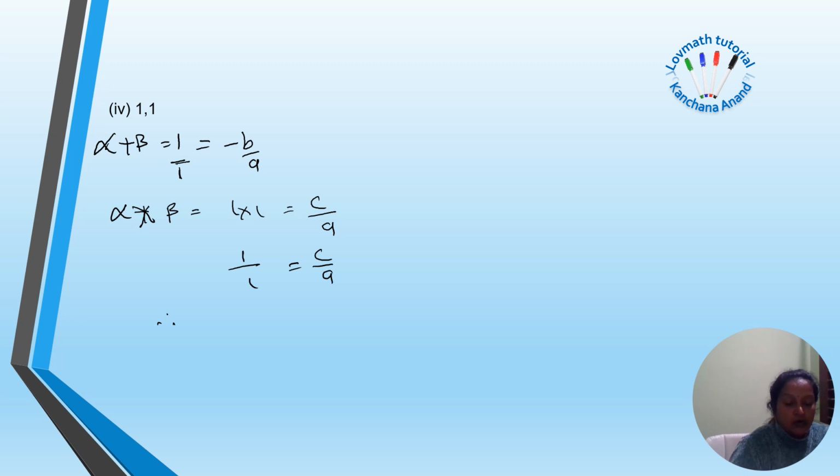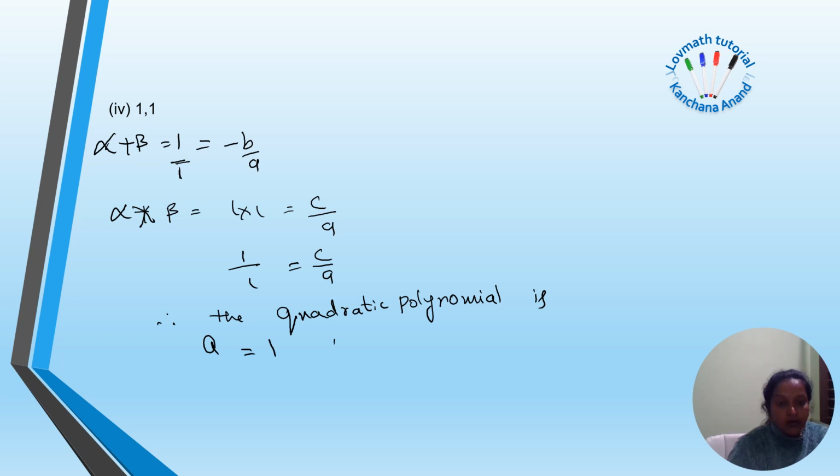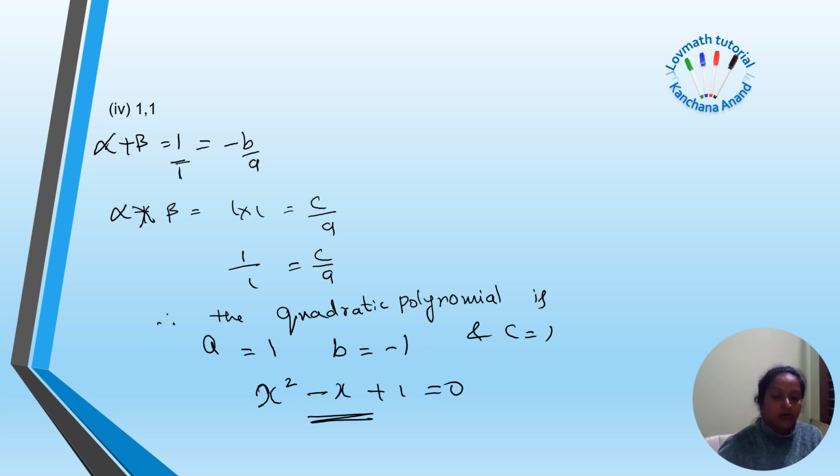Therefore, the quadratic polynomial is, here a is equal to 1 and b is equal to minus 1 and c is equal to 1. Therefore, x square minus x plus 1 is equal to 0 is the quadratic polynomial.